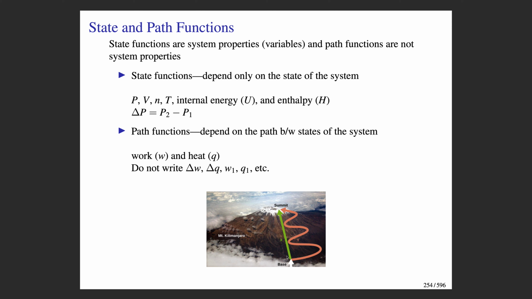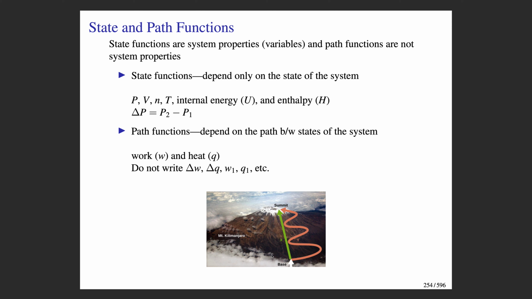So at base camp here at the bottom of the mountain, one has a certain potential energy, and if you go to the top of the mountain, you would increase your potential energy. The difference in potential energy only depends upon the difference in height, and it doesn't matter what path you take to get up the mountain, the change in the potential energy is always the same.